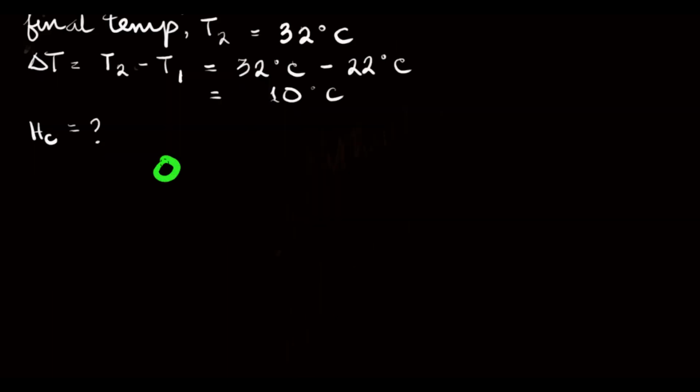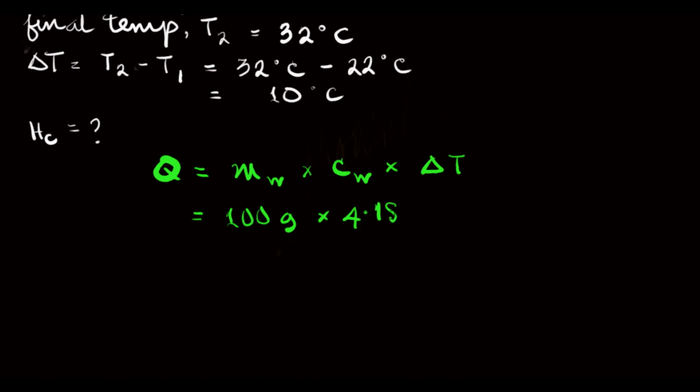So, using Q equals mw times Cw times change in T, and substituting the values, we have 100 grams times 4.184 joules per gram per degree Celsius times 10 degrees Celsius.